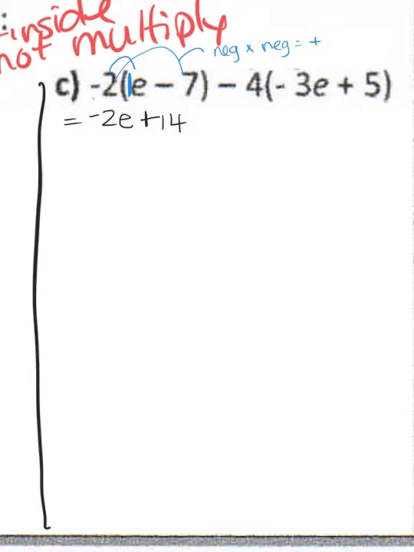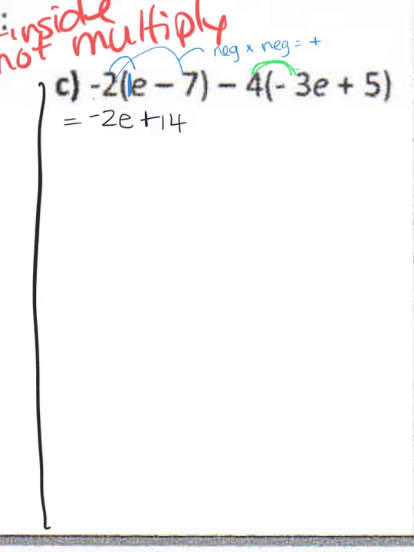Okay? All right. So if I go back to this question, I just did my negative 2 times 1e. That's a negative 2e. And then I did negative 2 times negative 7. That's going to give me positive 14 because those signs are the same. So that gives me a positive number here. So I'm going to make my second rainbow here. Use green this time. I have negative 4 out front. I'm going to multiply that by my negative 3.